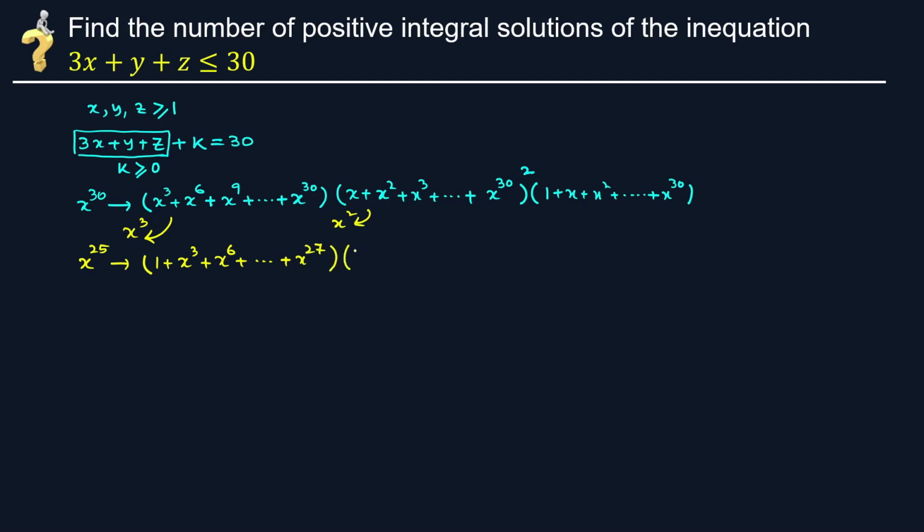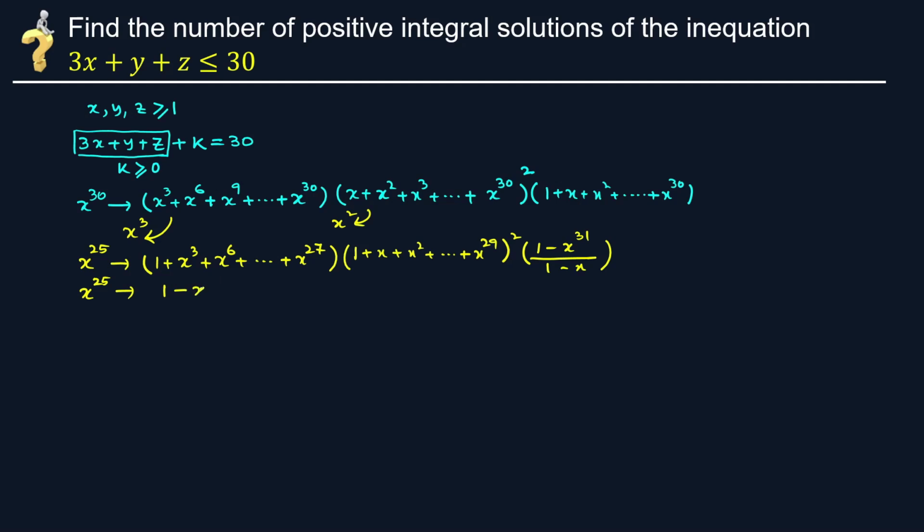And here it will be 1 plus x square plus x to the power 29 whole square, and this is basically 1 minus x to the power 31 divided by 1 minus x. Okay, GP series I have used. So I need to find out the coefficient of x to the power 25 in the expansion of this. So again, the first series is in GP, so I'm using the GP formula.